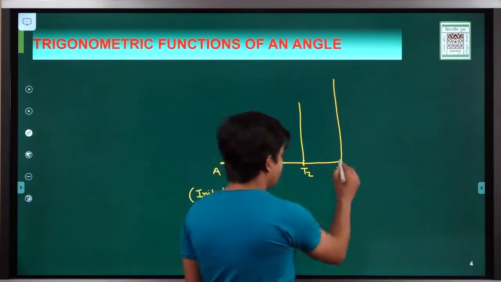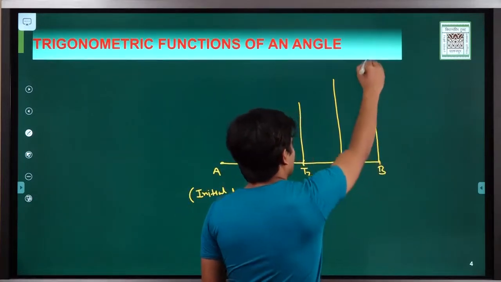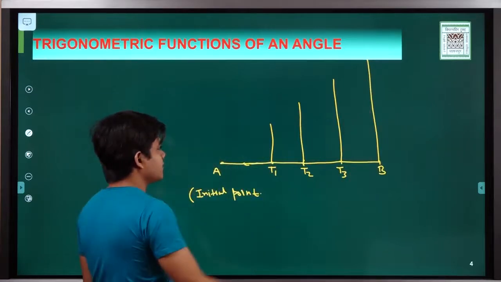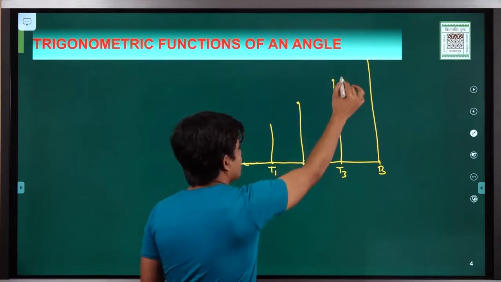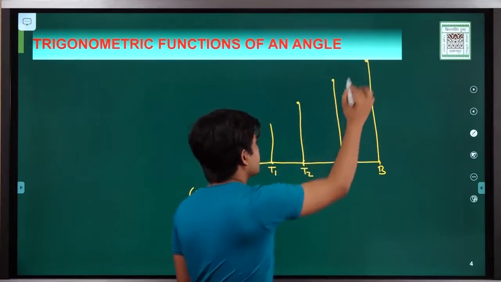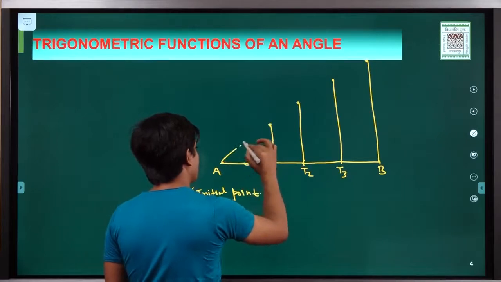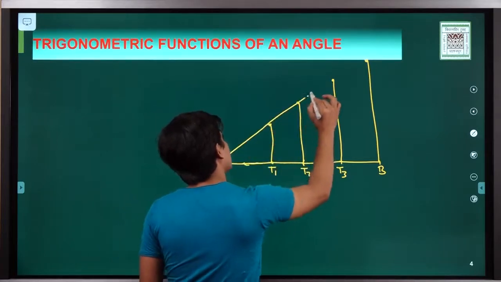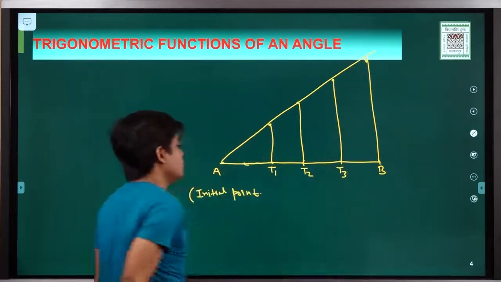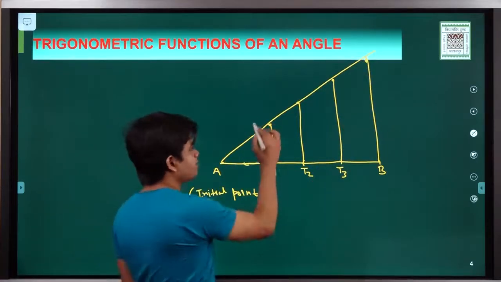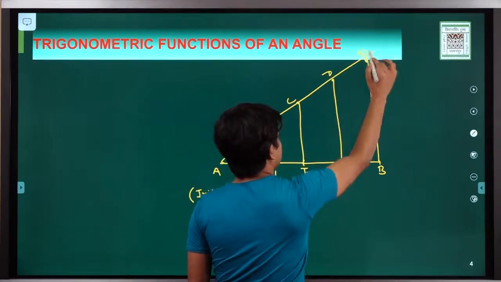And the last is at the point B. But the final point of each tree makes the same angle with this initial point. So call it B, C, D, E.